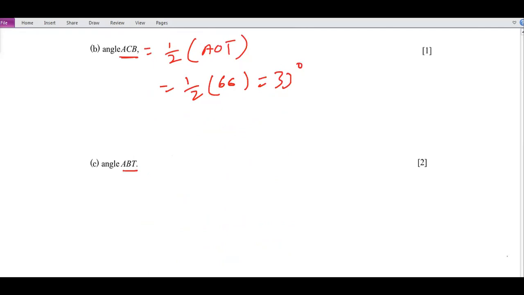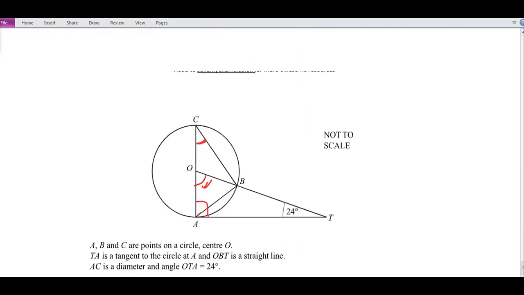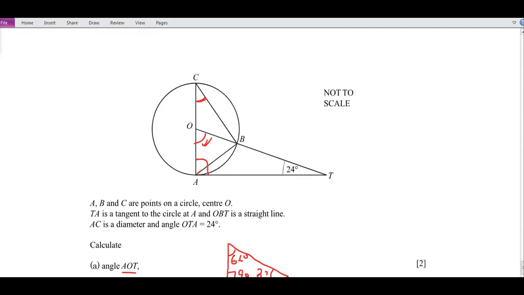Then calculate angle ABT. We have to find this angle. To find this angle, consider this triangle once again. This is AOB. We know that this angle is 66.